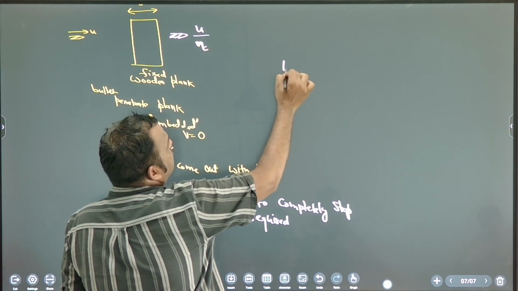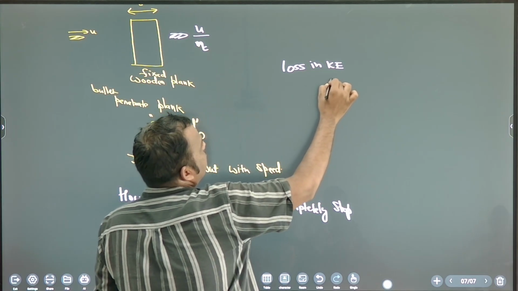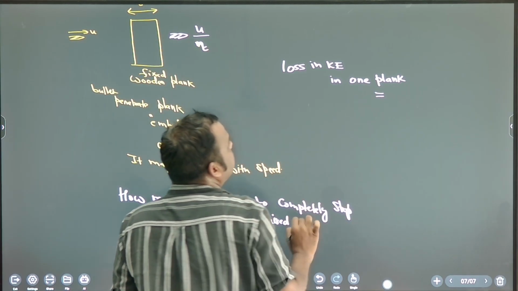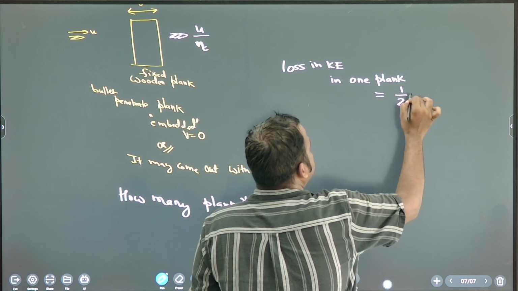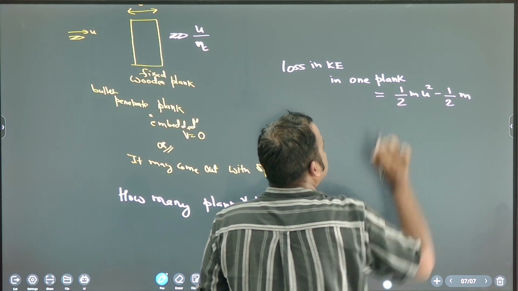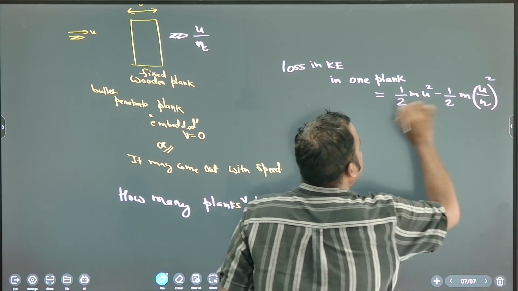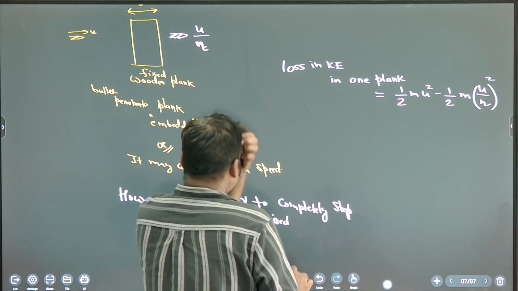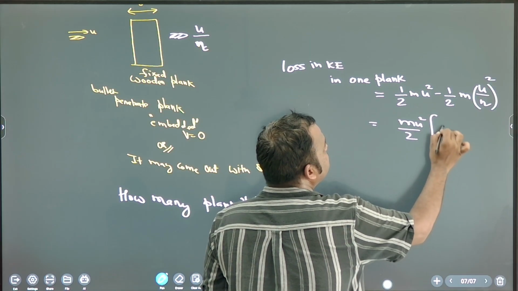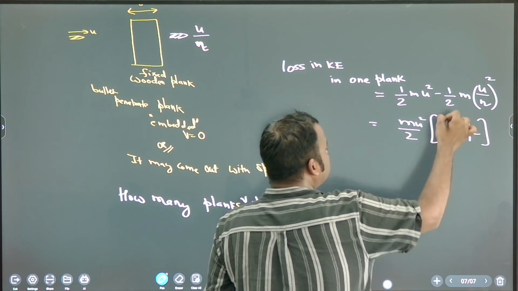You can solve like this: loss in kinetic energy in one plank. How much is the loss in kinetic energy in one plank? Half m u square minus half m (u by n) whole square. This is the loss. So m u square by 2 common, 1 minus 1 by n square.